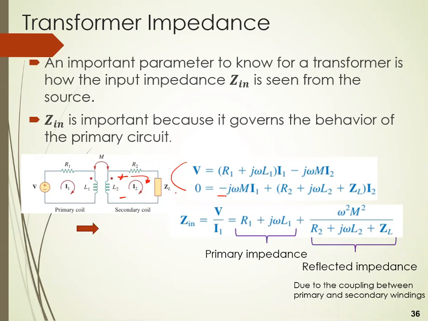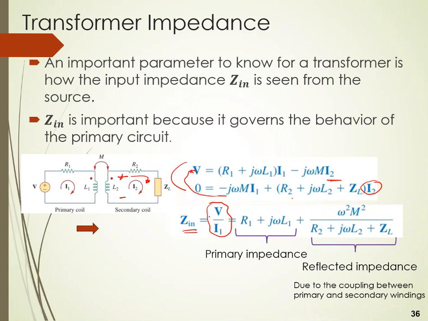So if we get I2 in terms of I1 in the second equation and substitute back into the first one, then you get this expression for V over I1, which is the input impedance, right?